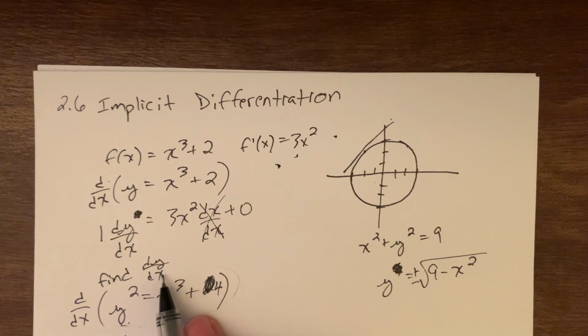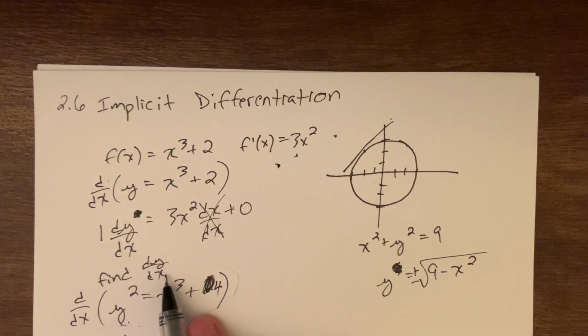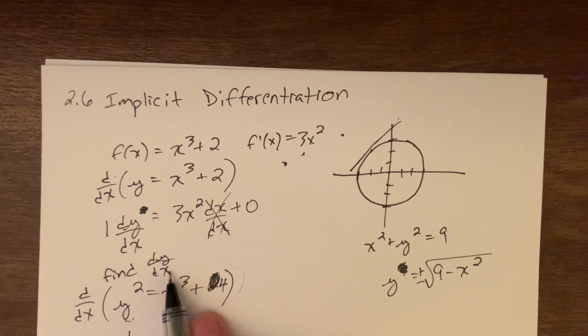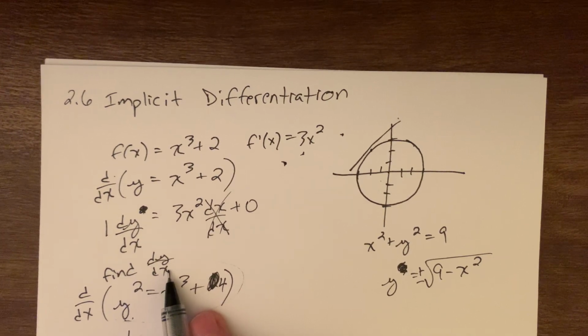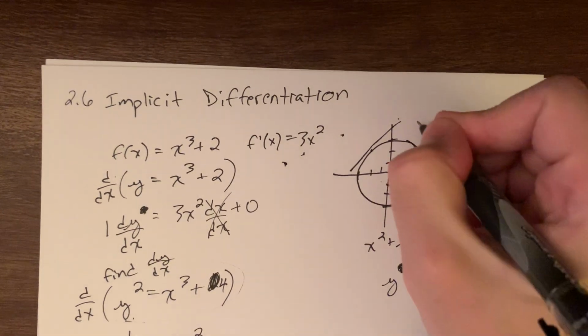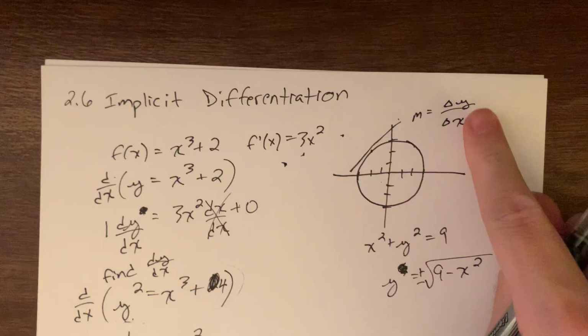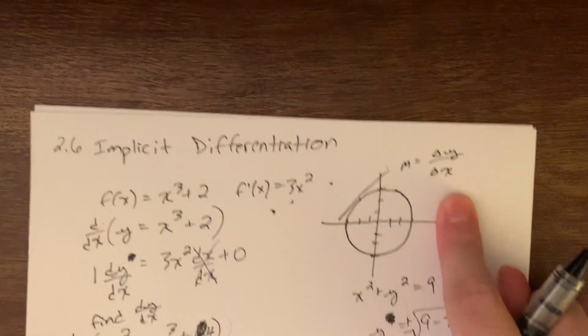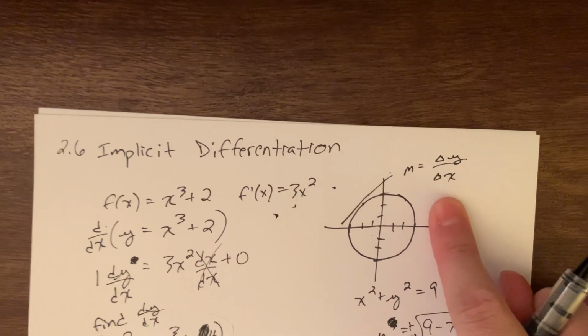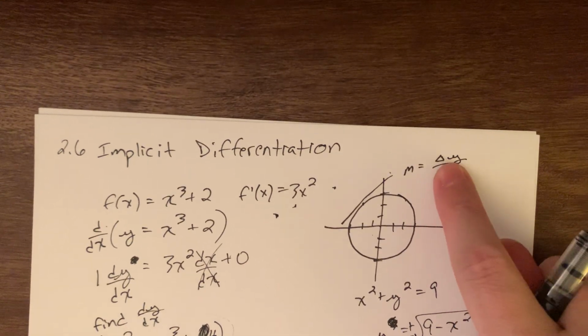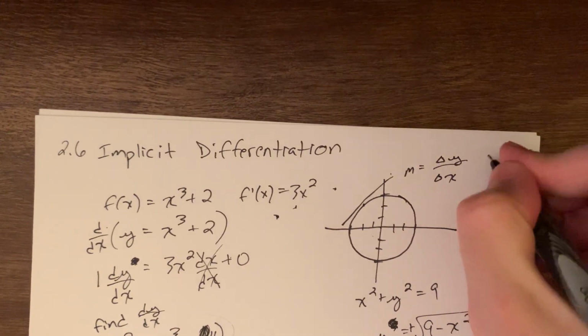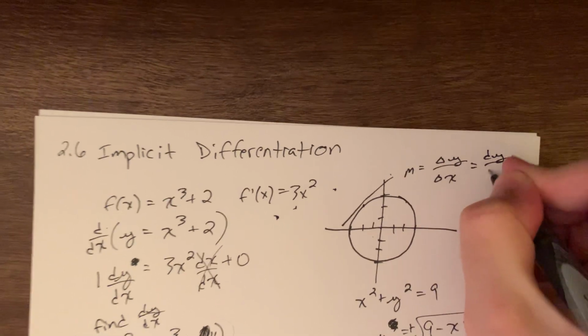I'm going to come back to that in a moment. That's specifically the notation that goes with slope. These others will be derivatives, but they won't give us the slope of the tangent line. Slope is by definition rise over run, change in y over change in x. And this delta y and delta x, I'm cheating a little bit here.